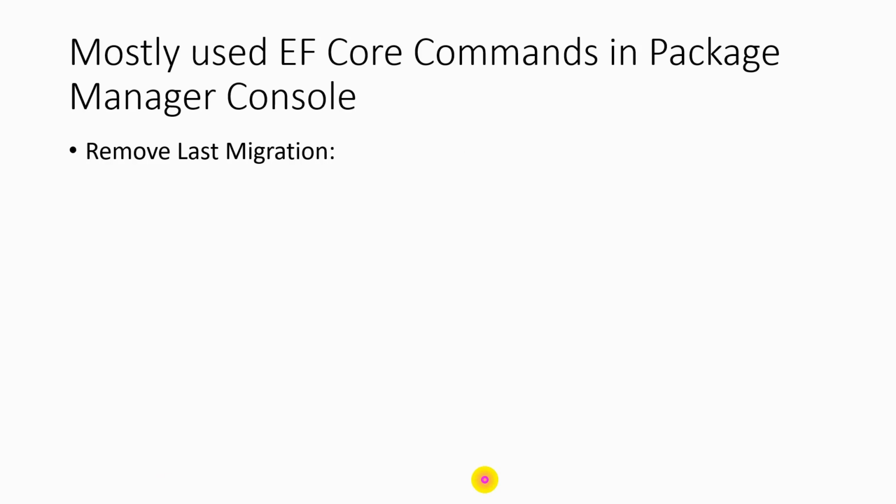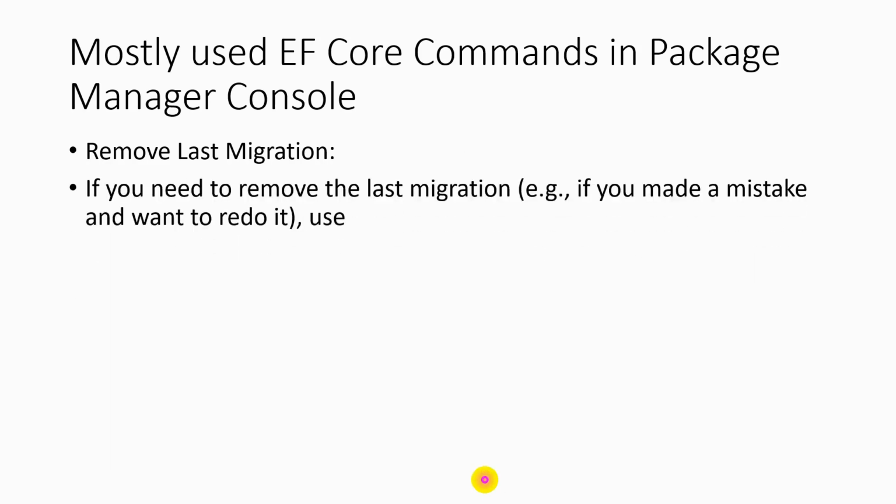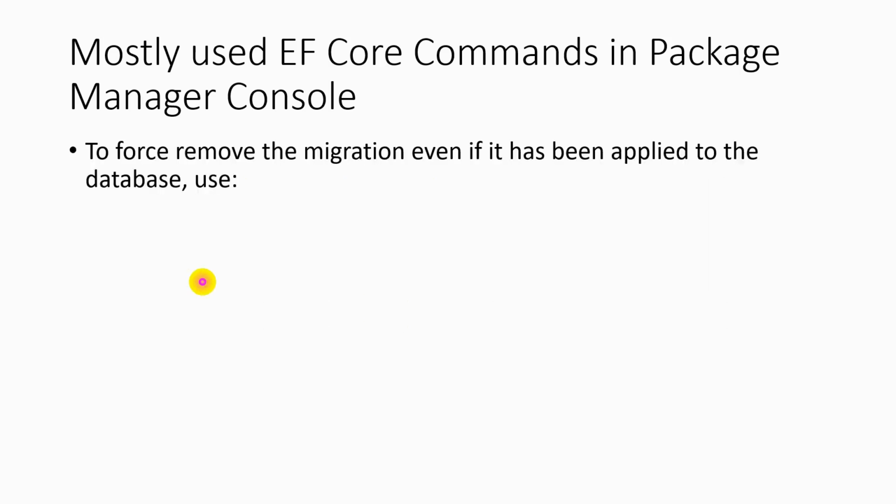Now, if you want to remove the last migration, for example, if you made a mistake and you want to redo it, use the command Remove-Migration. Simple. To force remove a migration, even if it has been applied to the database, it means the migration is created and we have run the update database script, so that migration is applied to the database.